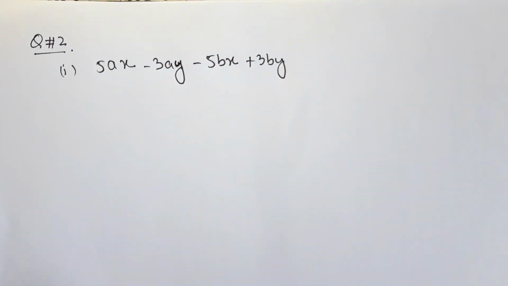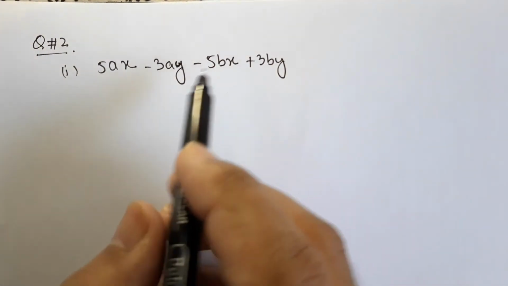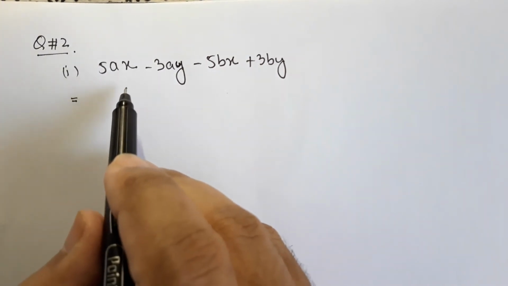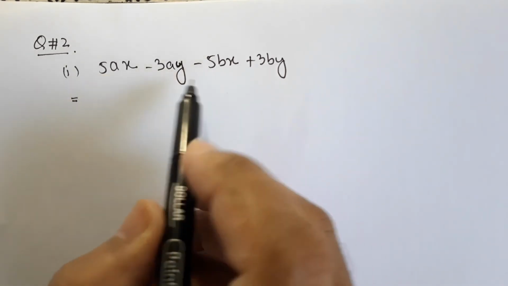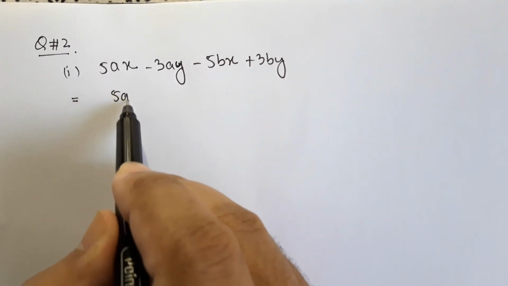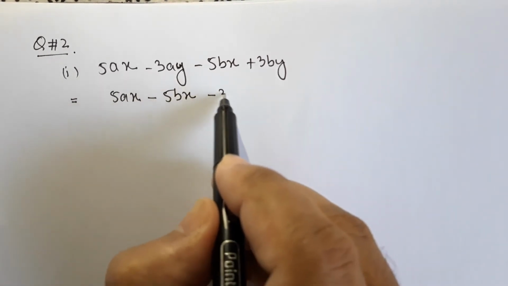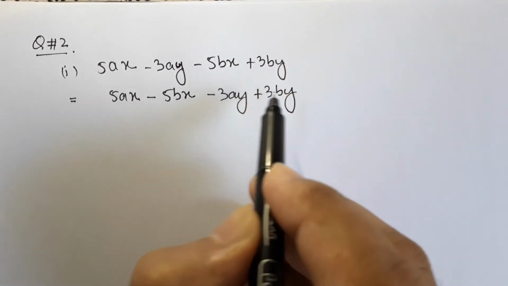In this part, again we have to factorize the given four terms. First of all, we have to make pairs among these four terms. I am making 5ax with 5bx and minus 3ay with 3by.